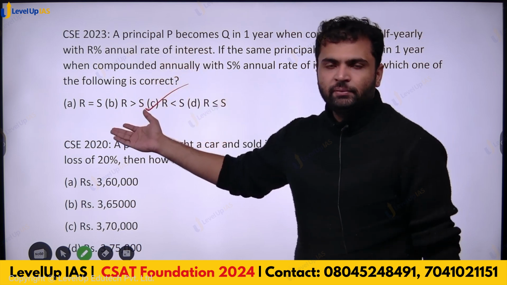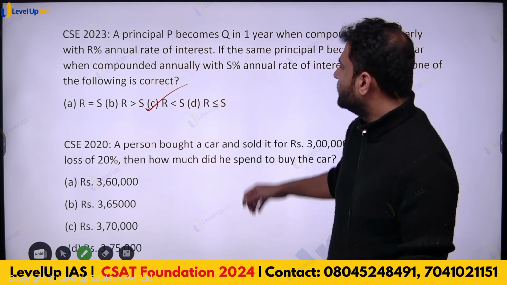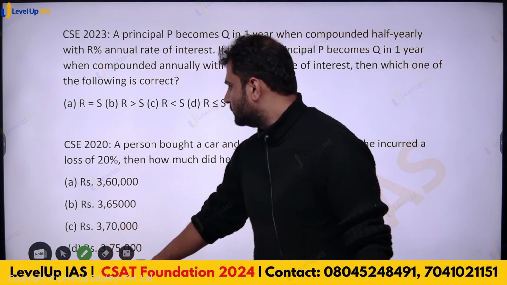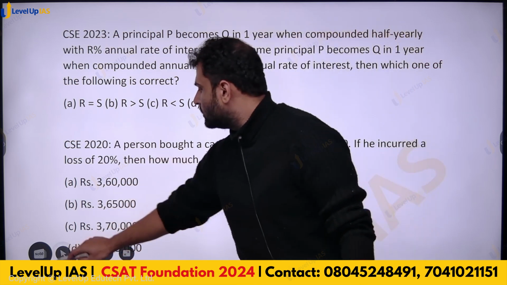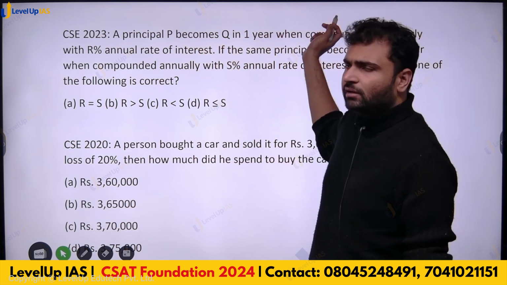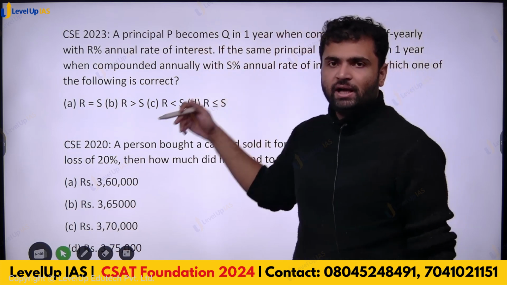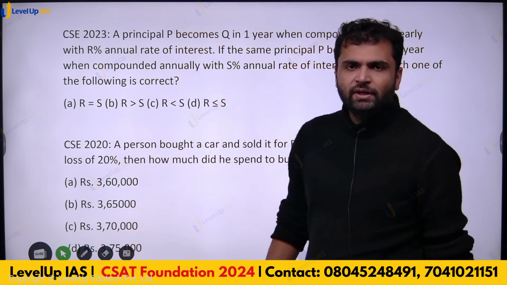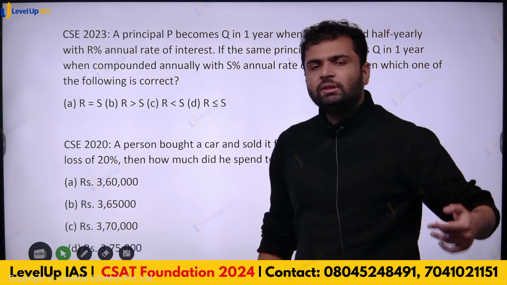R is the annual rate when compounded half yearly, and S is the annual rate when compounded yearly. In that case also, half yearly compounding will reach the same destination with a lesser interest rate.